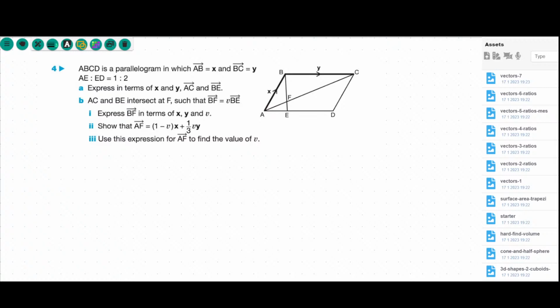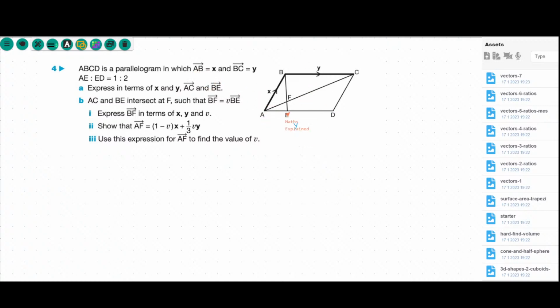But there's 5 parts to this, so let's start at the beginning. Always a good place. It says ABCD is a parallelogram in which AB equals x and BC equals y. So that's shown on the diagram. AE to ED equals 1 to 2. So that's down here. So AD would also be y.